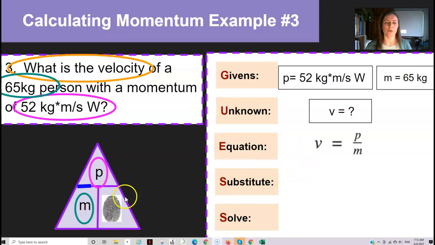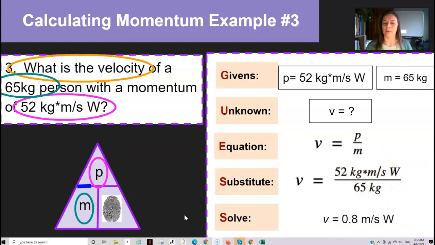So we'll turn that into our equation. We're going to put our value for momentum, including units, on top, and our value for mass, including units, on bottom. And we can see that the kilogram cancels out, so we're only going to be left with this stuff here. So velocity will be 0.8 meters per second west.